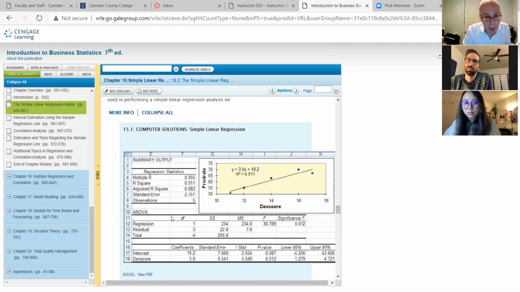Now, this is some output from Minitab, which I'll explain a little bit later. This thing in the middle, ANOVA, is something we did not cover. It's actually in, I think, chapter 13. That's called analysis of variance. Typically, that's not covered in a first semester course in statistics.